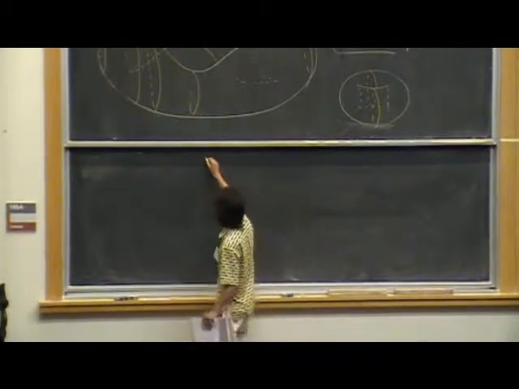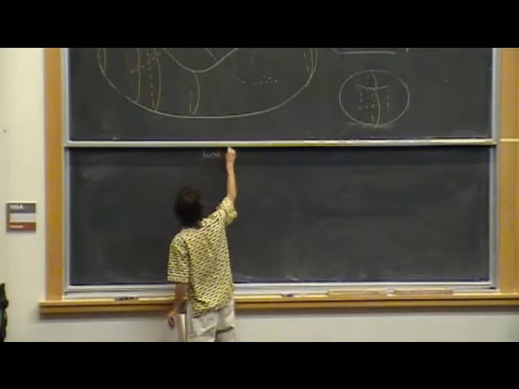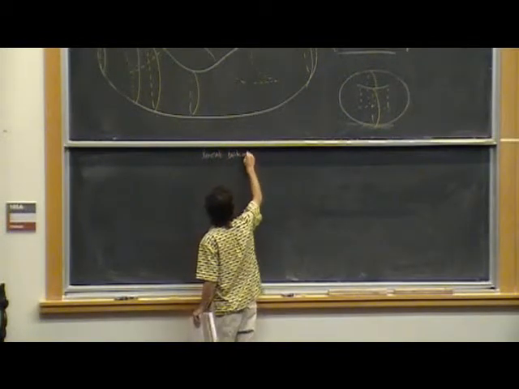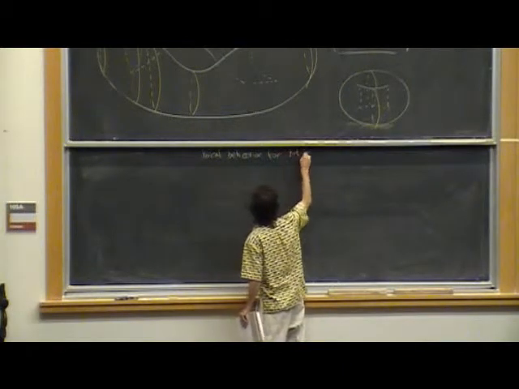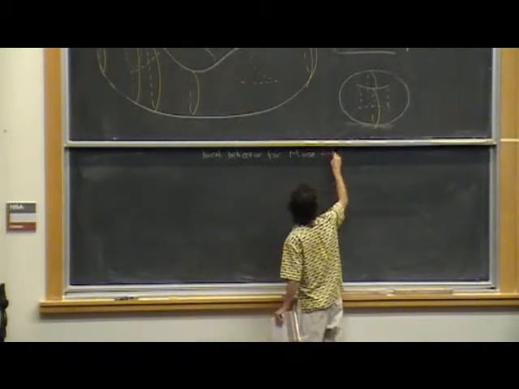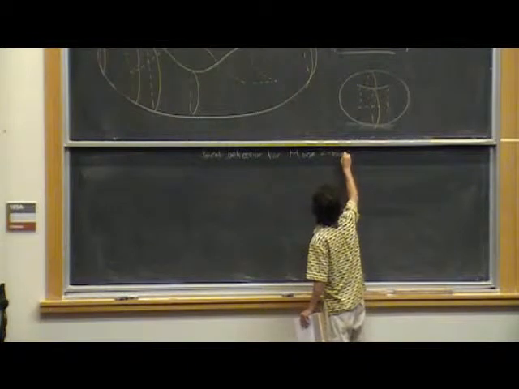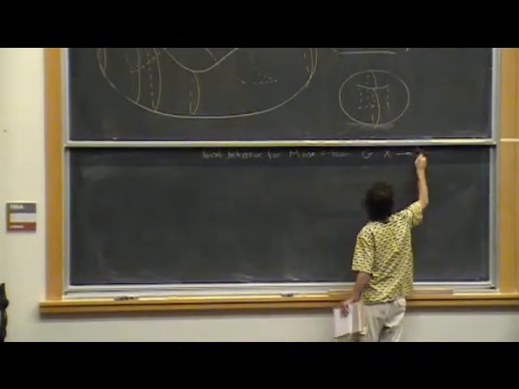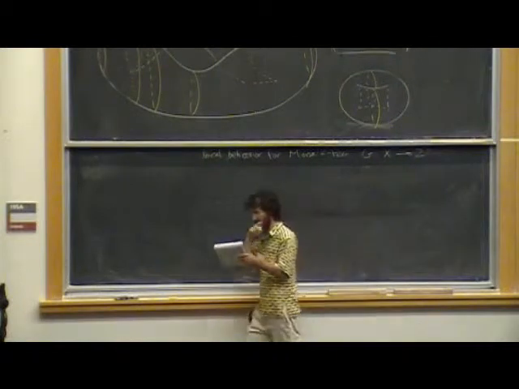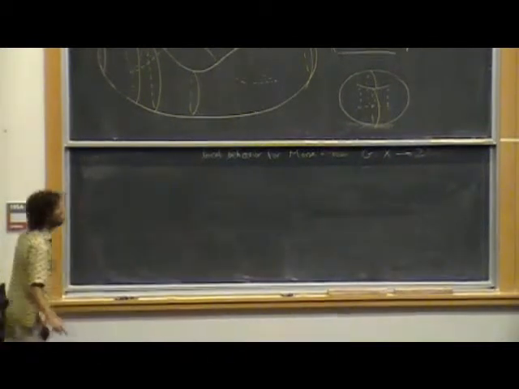This is local behavior for Morse 2 functions, g from an n manifold x to some sigma, but it's just local, so really the picture is just the target space R2.